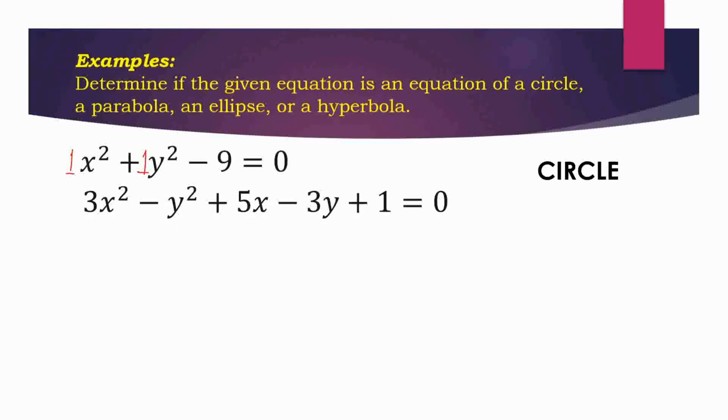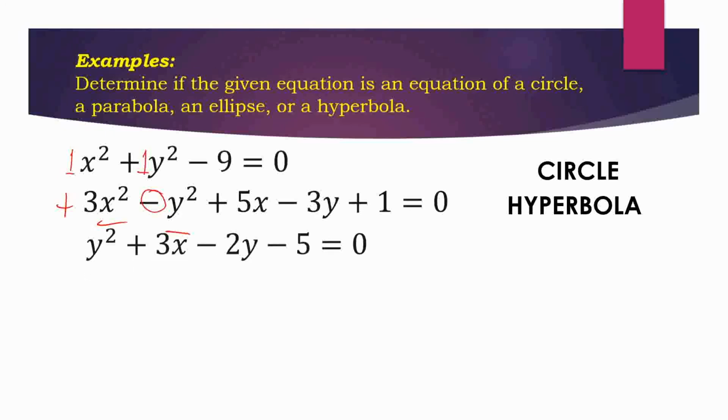And the next is 3x squared minus y squared plus 5x minus 3y plus 1 is equal to 0. So, dito, parehong naka-squared yung x and y and magkaiba yung kanilang sign. So, positive to and then ito ay negative. Ibig sabihin, isa siyang hyperbola.